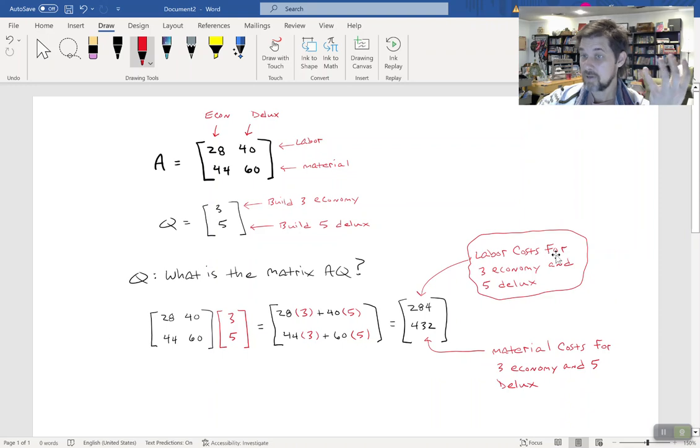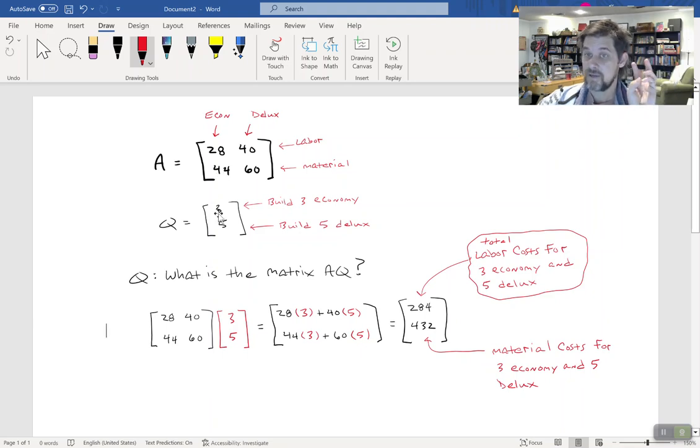You get the total labor cost for building 3 economy and 5 deluxe. That is matrix multiplication right there. That's the procedure for it, but I can put that interpretation on top of that number that I get. And this other one, what if you took 44 times 3? 44 is the material cost for the economy model, times 3.